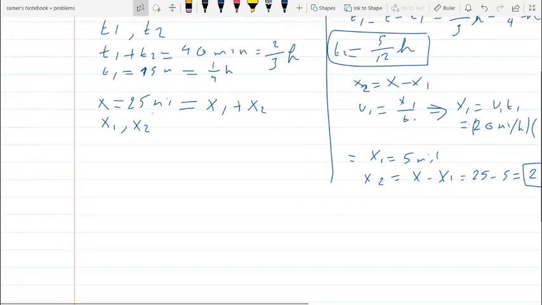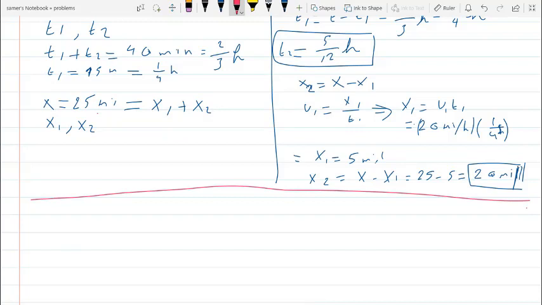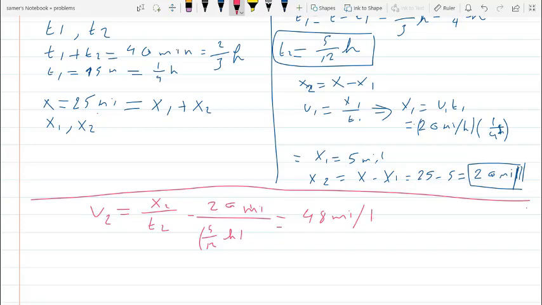Now we can calculate v2. v2 is equal to x2 over t2, 20 miles divided by t2, 5/12 hours, and 20 miles over 5/12 is 48 miles per hour.